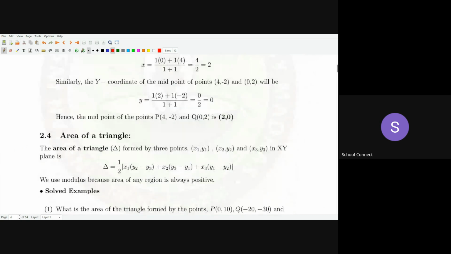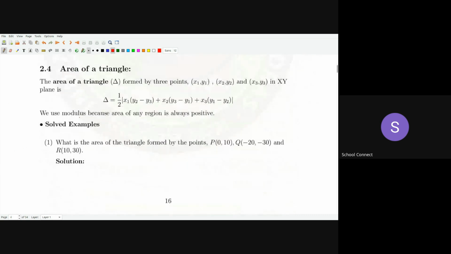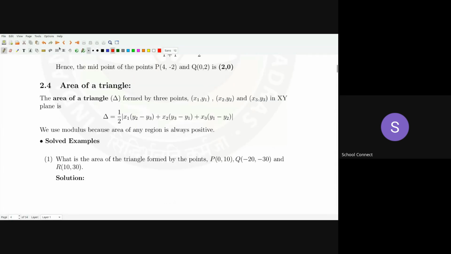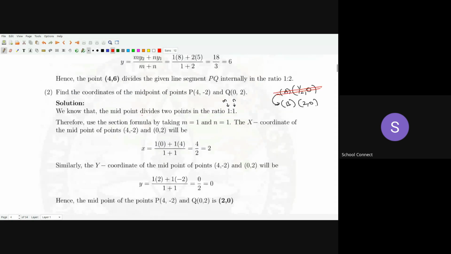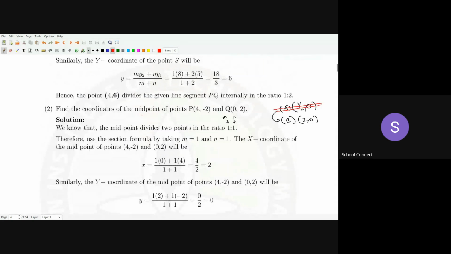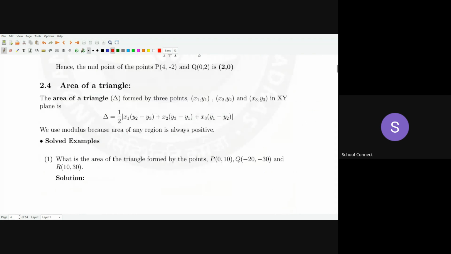Okay. So if we move to the next topic, we just saw the previous two sections dealt with 2 points and the line joining the 2 points. We saw the distance between those 2 points, and then some other point comes in between and divides that line into some parts. Now next comes 3 points. With 3 points, we can form a triangle. How?